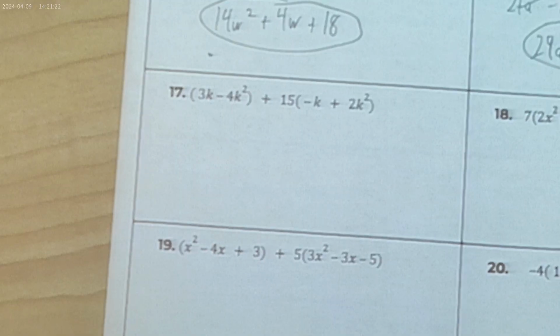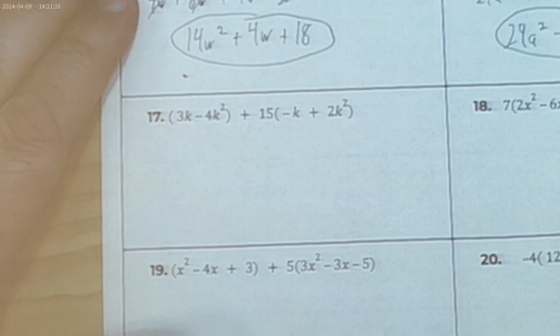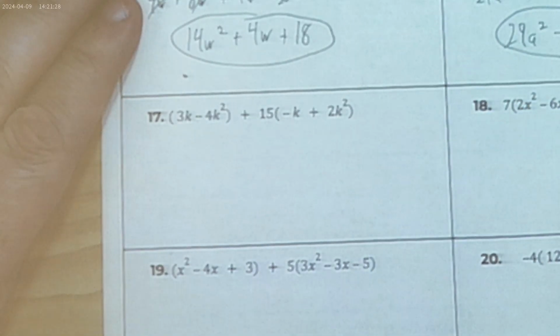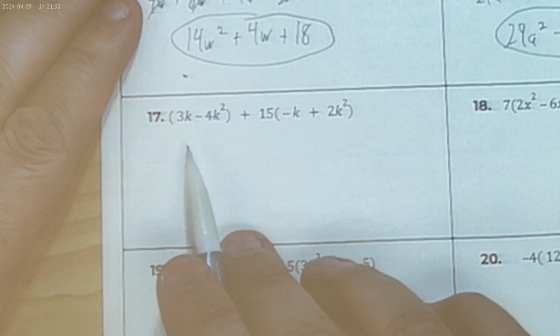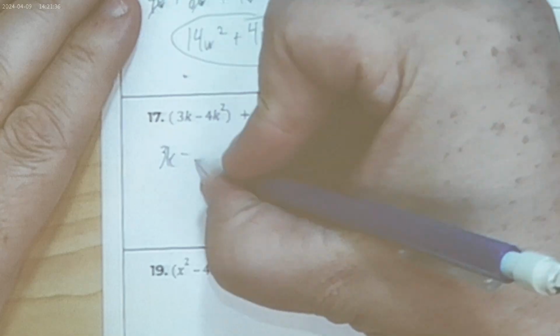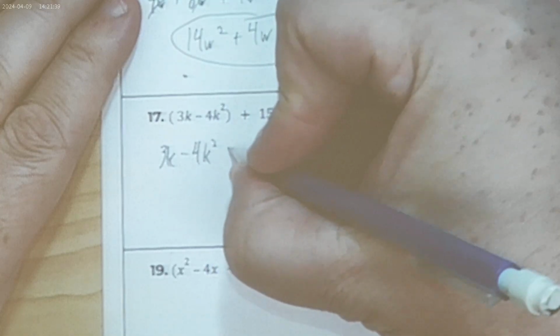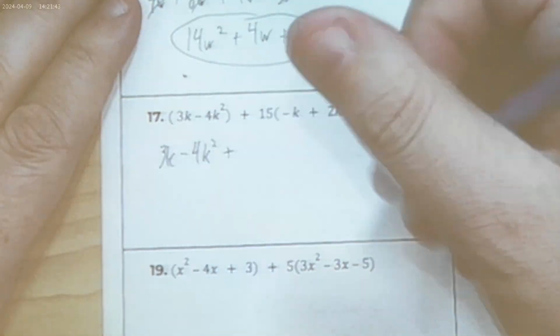And let's see here. Oops, make sure it's centered in the frame here. That bothered me too. All right, so I was looking at this like, well, where's the coefficient? What am I going to multiply this by? So you've got 3k minus 4k squared plus, and then 15 times negative k is going to be negative 15.